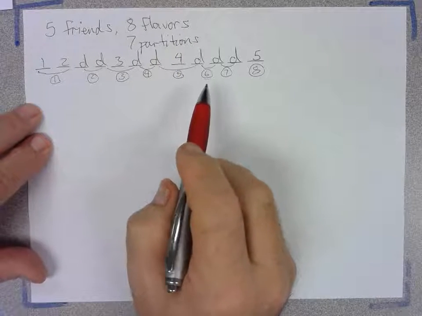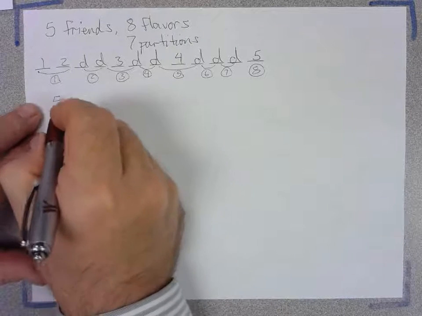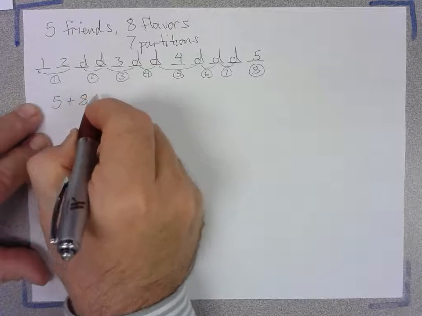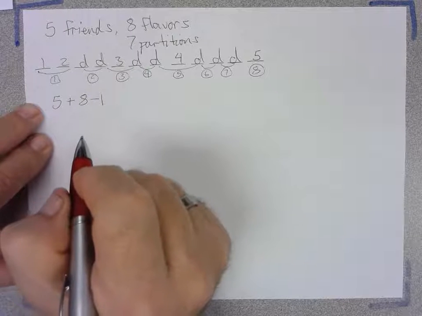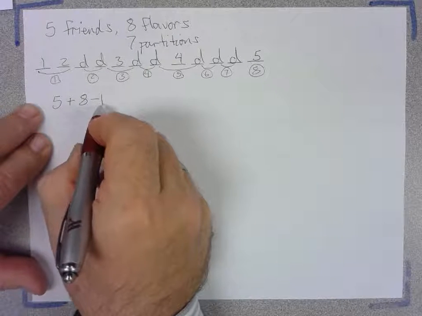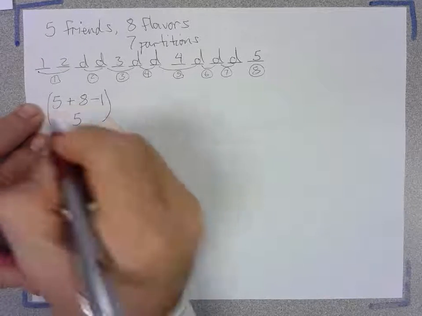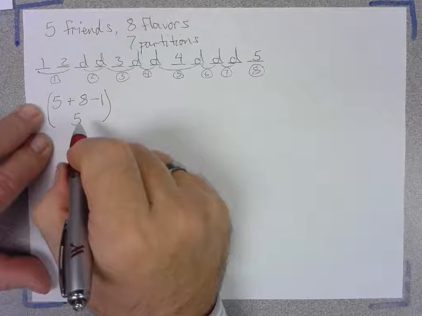The point here is that we had 5 friends and they were asked to choose from 8 different categories or 8 different groups, and so we only needed 7 partitions, and we want to figure out how many different ways you can choose those flavors.